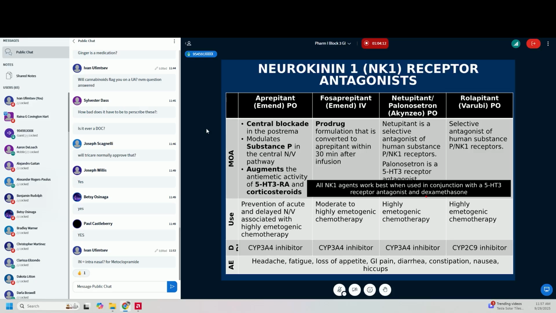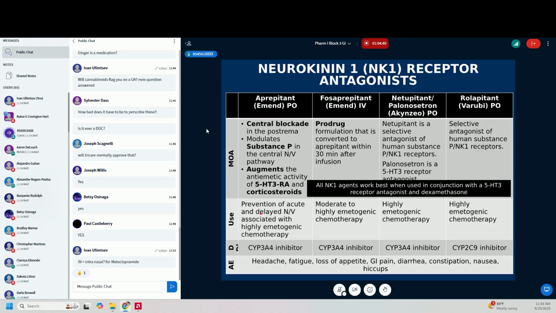But you see that also with your Emend, this is for, you're going to have some chemo medications that are very, very potent. And this is the one that we typically use a lot, but it depends on how sick that patient is. And you see that we have this one kind of used prophylactically when we're talking about our Emend, okay?